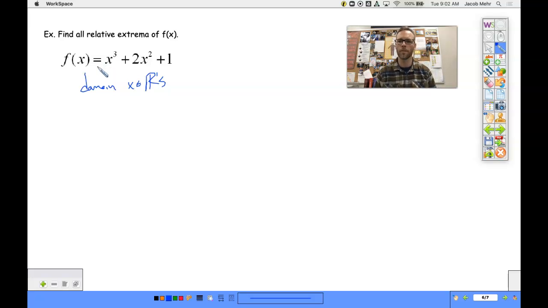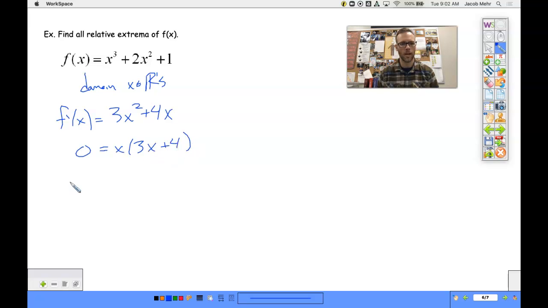But what are the extrema anywhere on this? So what do we have to do? We have to find critical numbers. Take our derivative: 3x squared plus 4x. We set it equal to 0 and we solve. I'm going to factor out an x, and we get x equals 0 or x equals negative 4/3.